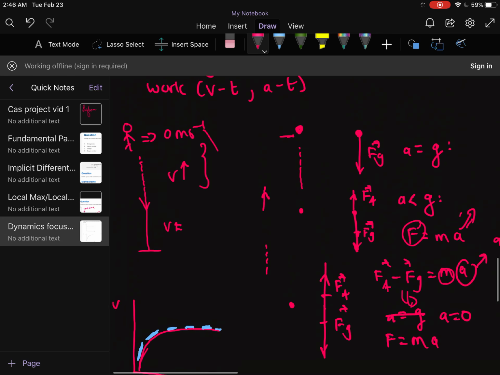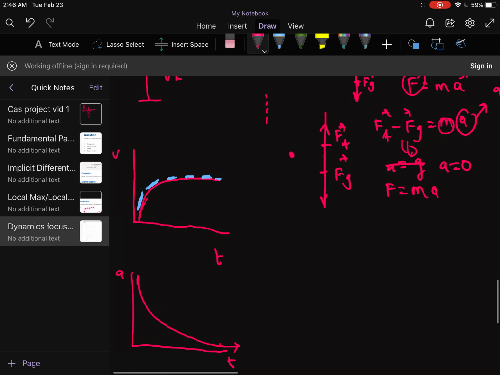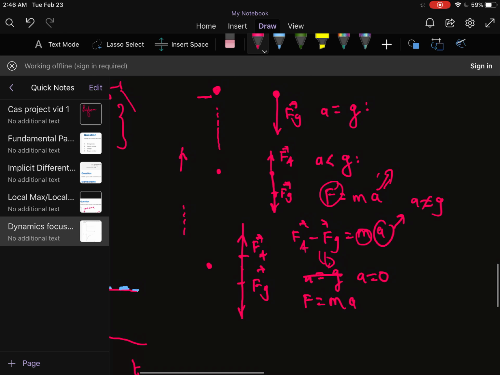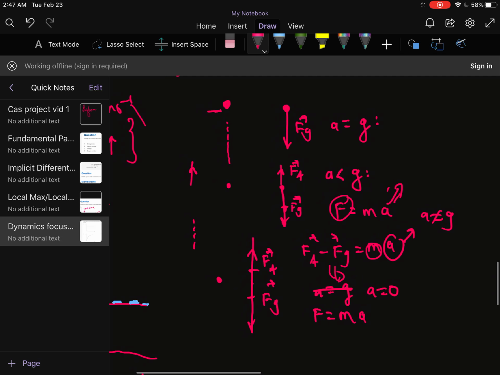So fundamentally you should just understand this VT graph and the AT graph, as well as understanding what's happening as the ball or any object is moving down or within the air. And the fact that there are changes in acceleration, particularly toward the negative side because the acceleration is decreasing. The velocity is still increasing, but its rate of change is decreasing.